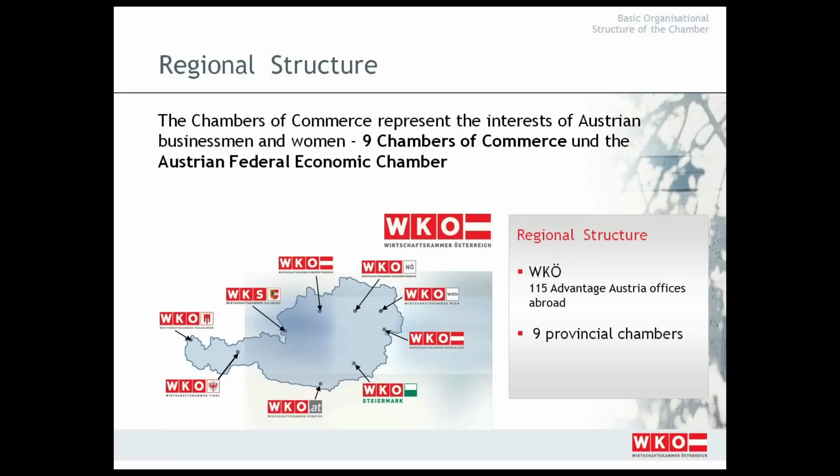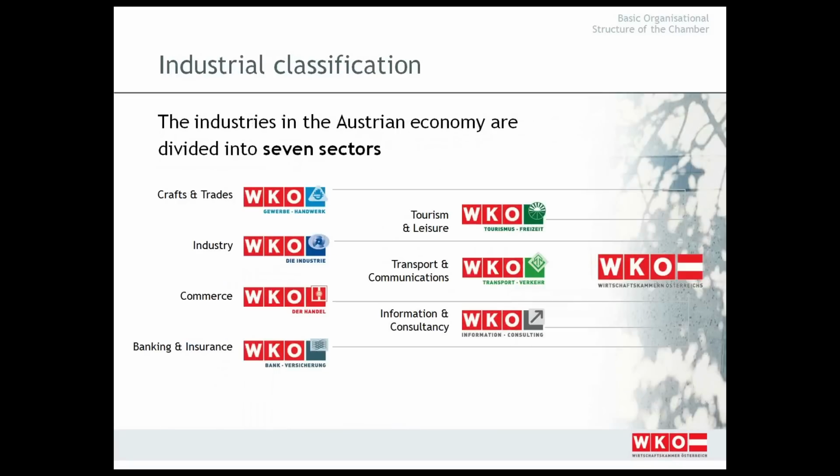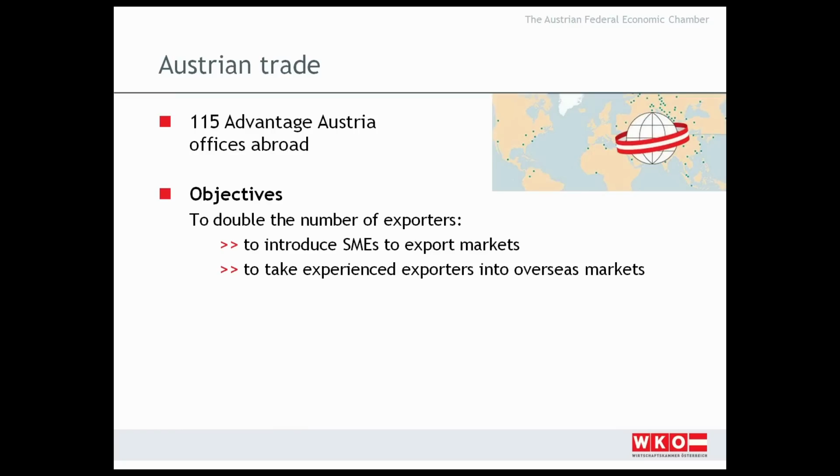We are 9 chambers of commerce in the provinces, but also on the global level we are represented with 115 offices all over the world abroad, and there are also industrial classification, so we are quite complex organization, not easy to understand. This is again where we have our offices all over the world where you can contact us to get in contact with Austrian companies.